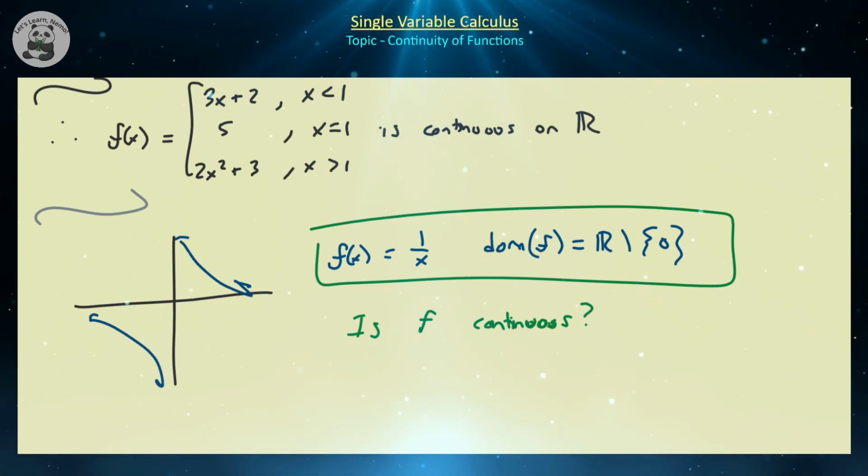So some people will say no, because it has a vertical asymptote at x is equal to 0. But keep in mind, x is equal to 0 is not part of its domain, right? And from the definition that we got, we say that a function is discontinuous if the limit does not equal the function value at that point.